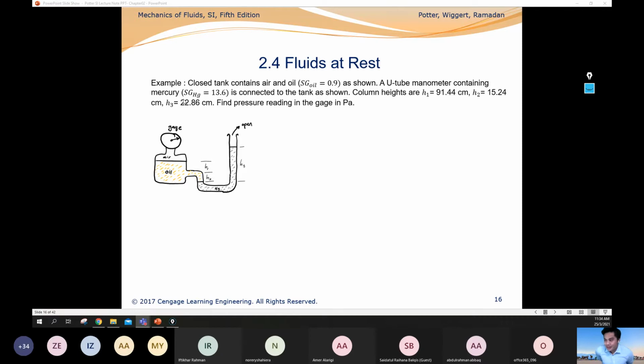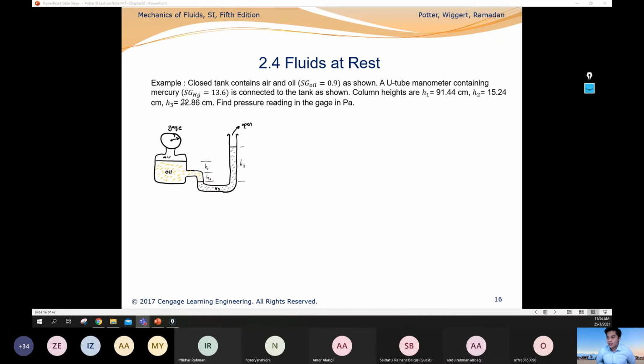Let me read for you. A closed tank contains air and oil. The specific gravity of oil is 0.9 as shown. A U-tube manometer containing mercury having the specific gravity 13.6 is connected to the tank as shown here.